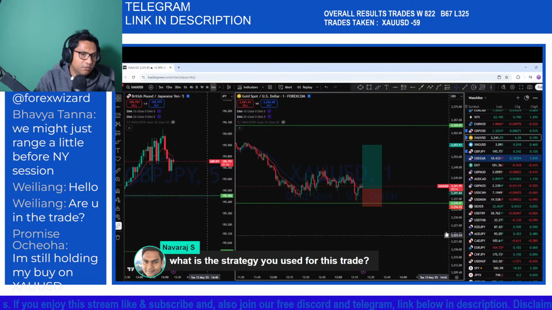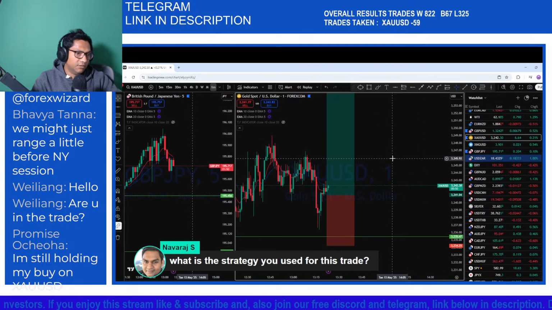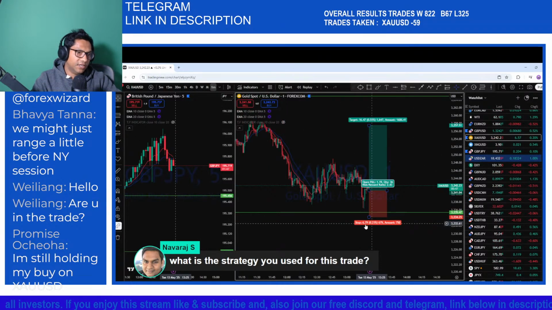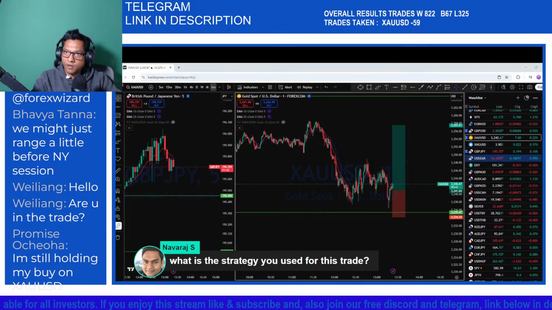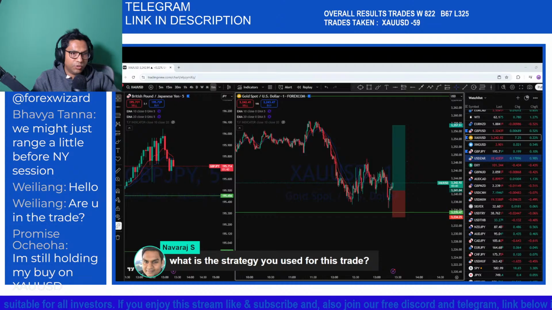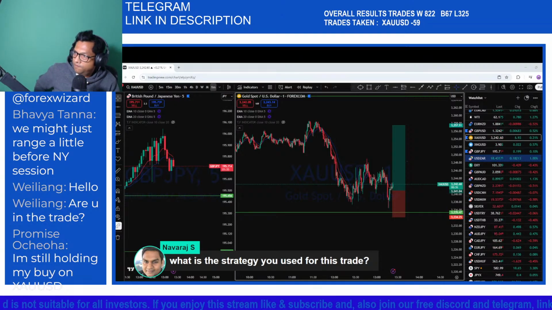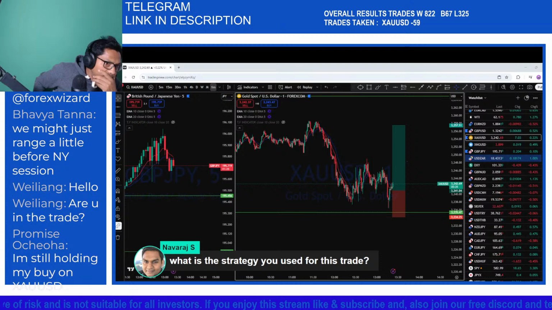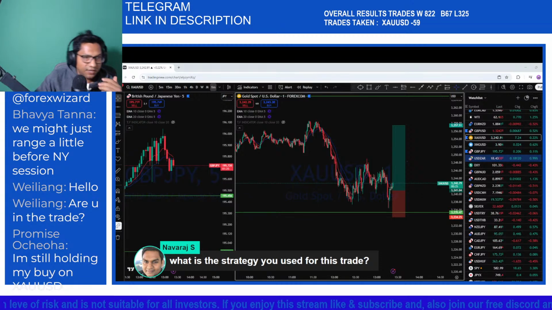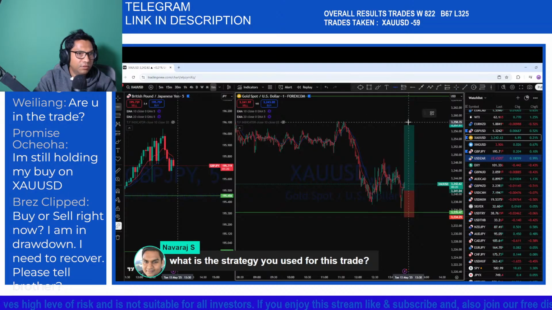We'll be holding it, as if the market goes up to the daily resistance line, as it tested the daily low, we may see a short-term move here for this potential bullish move. So the strategy here is the daily price action. If you look at here, you can see this is the daily level.